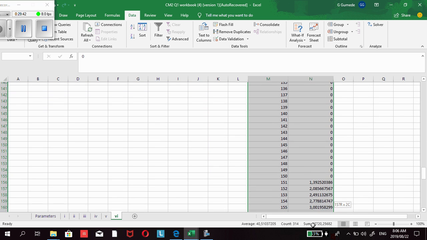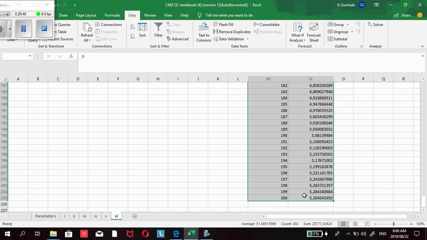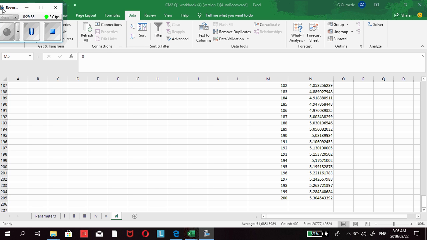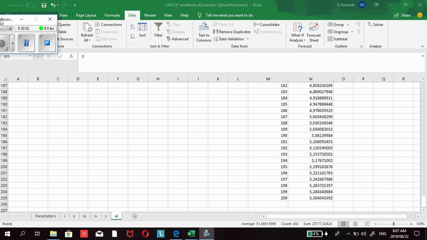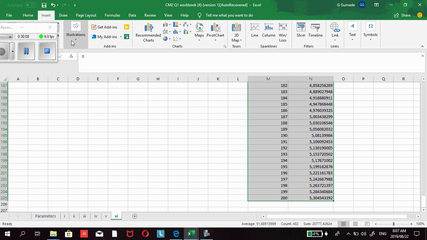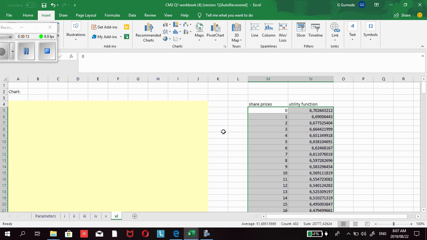Then I'm going to go to insert, then let me go up so that my graph will be up there.